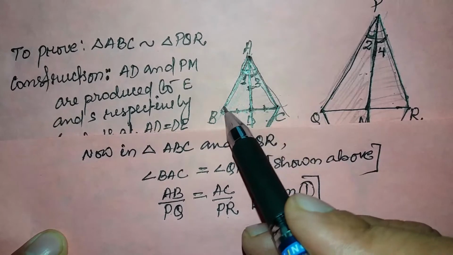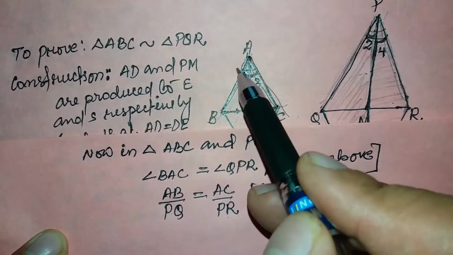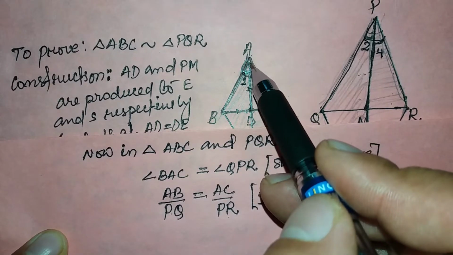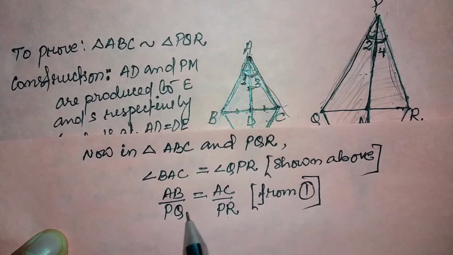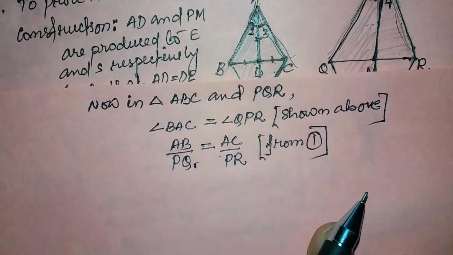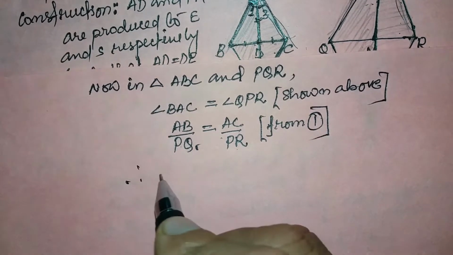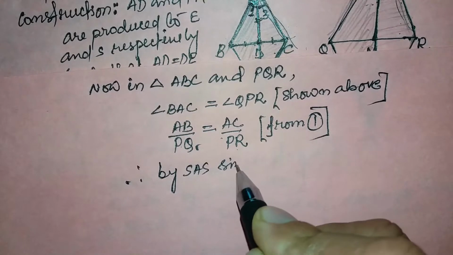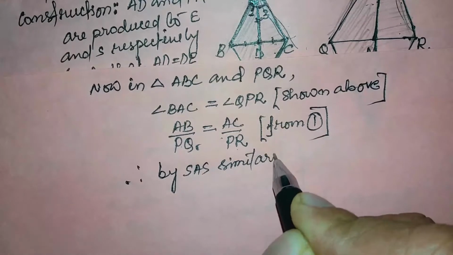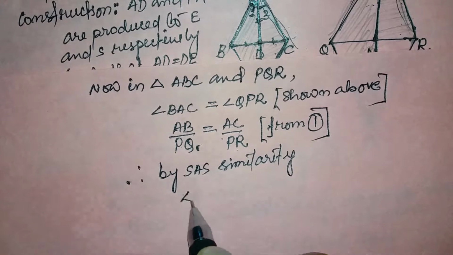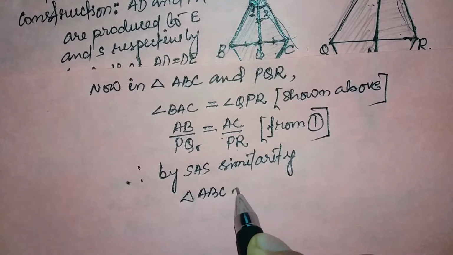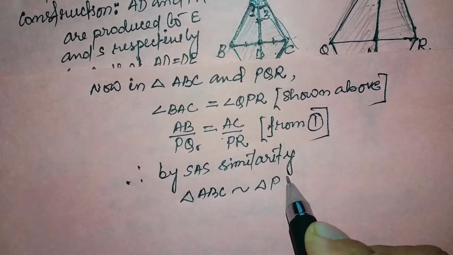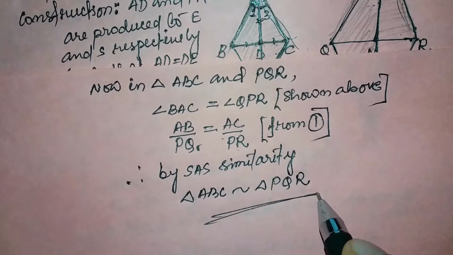So we have this angle equal, and the ratio of these sides equal. Therefore by SAS similarity, triangle ABC is similar to triangle PQR. So this is the proof, hence proved.